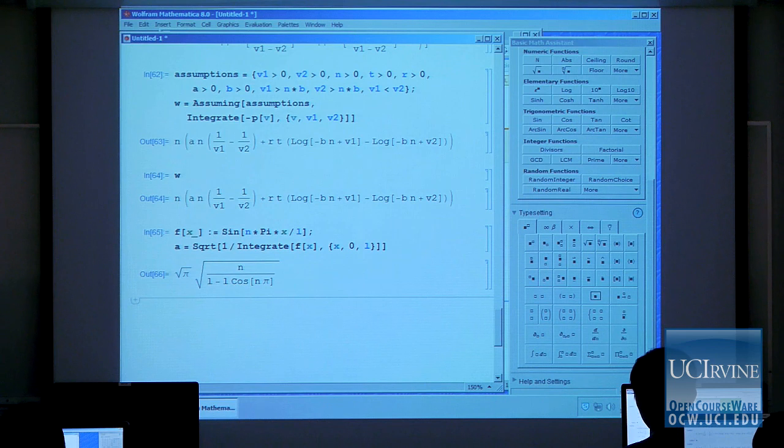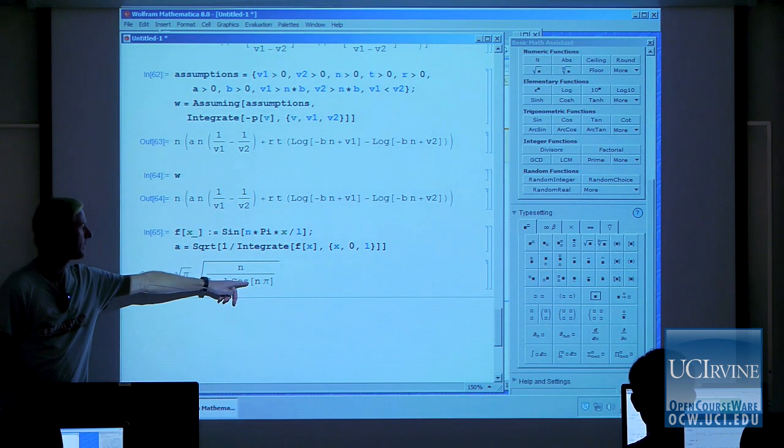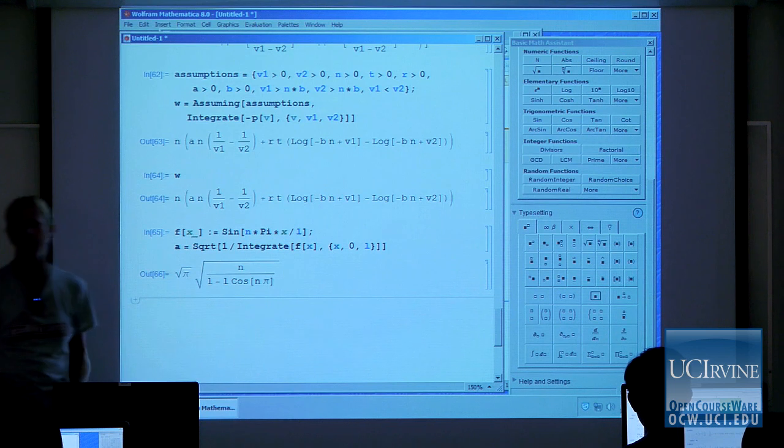What's it supposed to be? Uh-huh. But we know something about n, don't we? N is an integer. What's the cosine of an integer times pi?